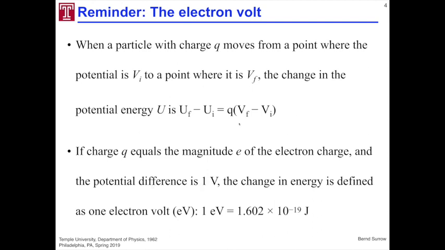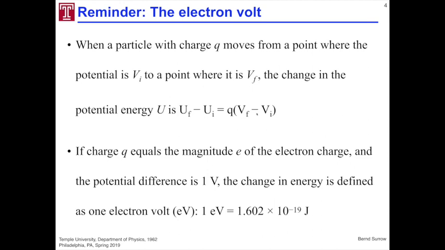So imagine this delta V amount would be 1 volt. Then the change in energy is defined as 1 electron volt. Namely, you have the unit charge, you have 1 volt difference, then this would be 1.602 times 10 to the minus 19, but joule now. Coulomb times volt refers to joule.